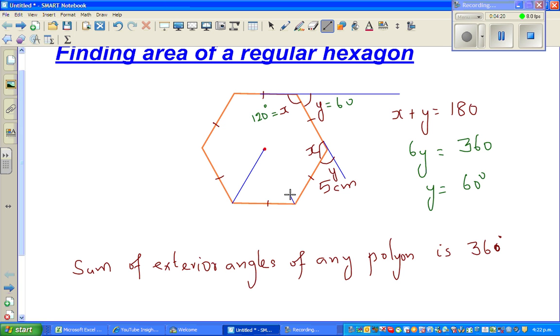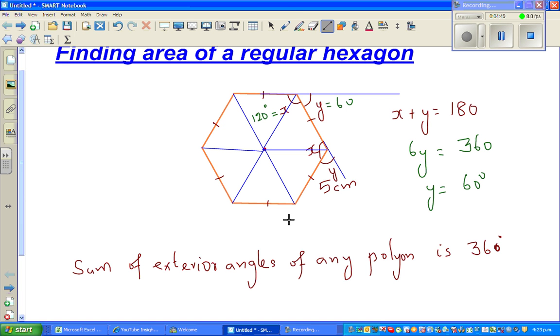Can you understand that this hexagon can be split into how many triangles? Let me show you. This is one triangle, this is the other triangle. It's very difficult to draw, so I hope you understand the idea. This is the third, the fourth, the fifth, and the sixth. So you've got 6 equal triangles.